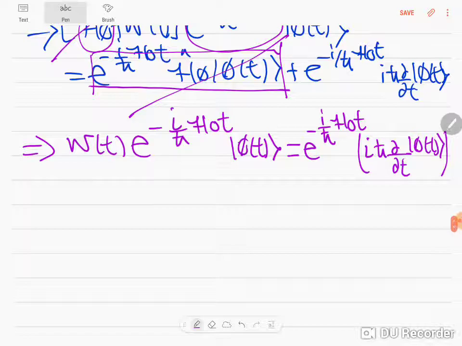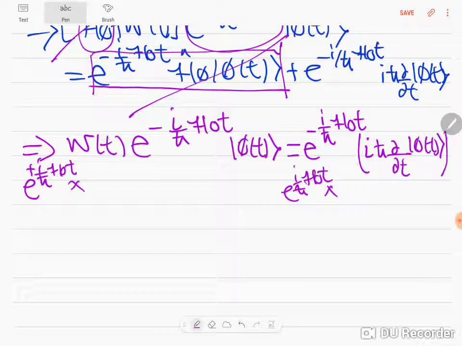So we multiply both sides by e^(+i/ħ H0 t), and we do the same here. Then these two cancel.